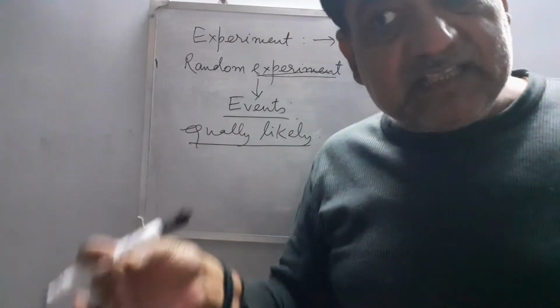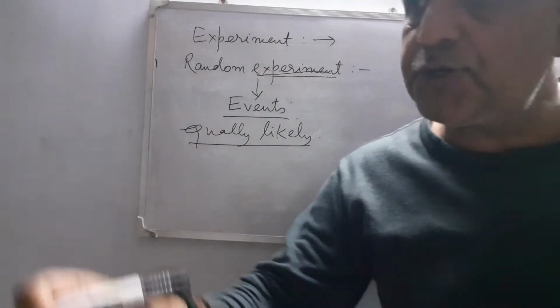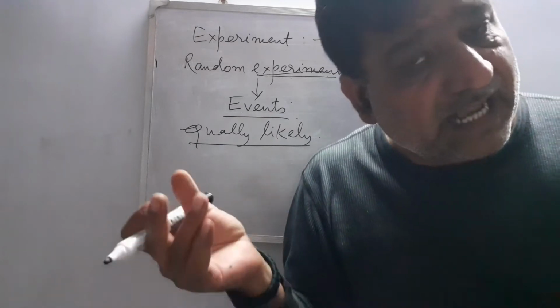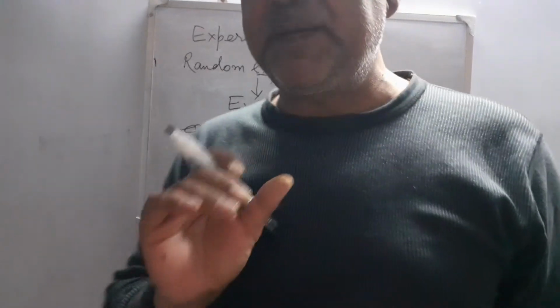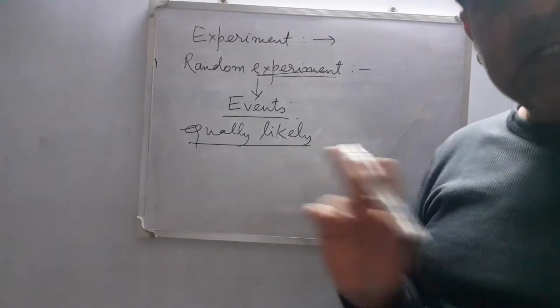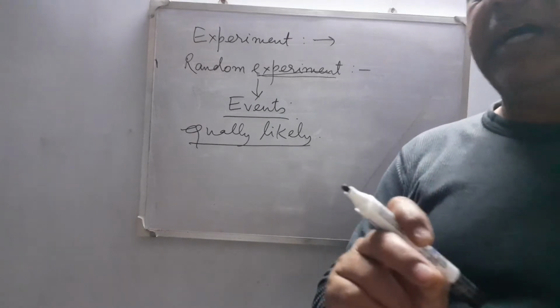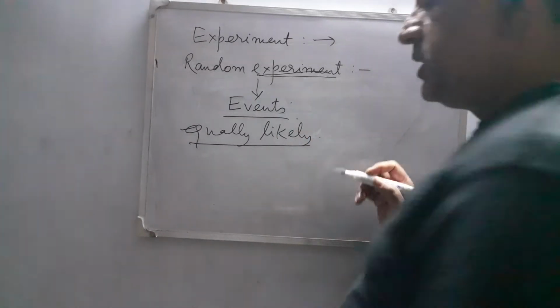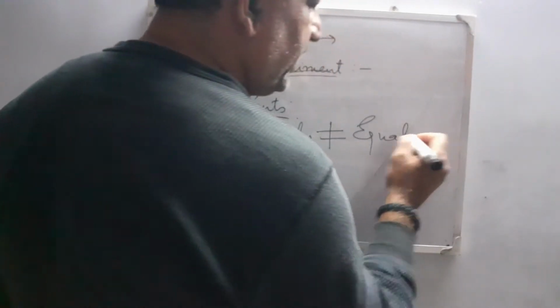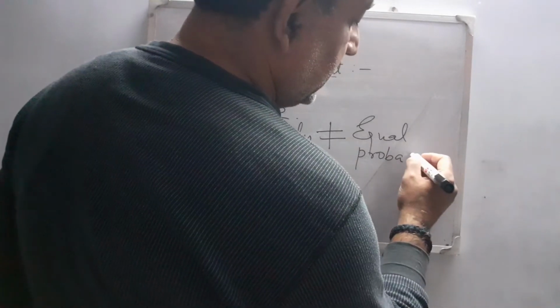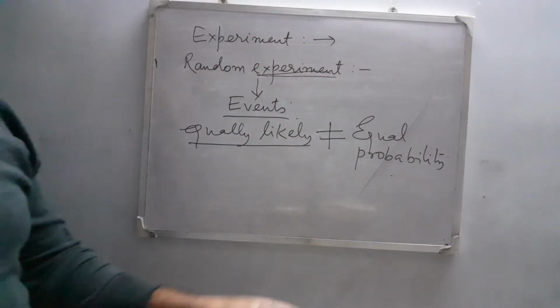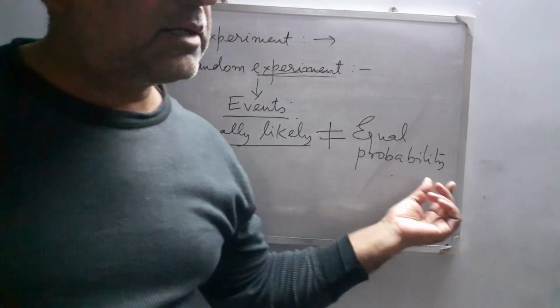This means you are giving priority to all, so the name of any student may appear. Such experiments are equally likely. But keep in mind that equally likely does not mean equal probability.